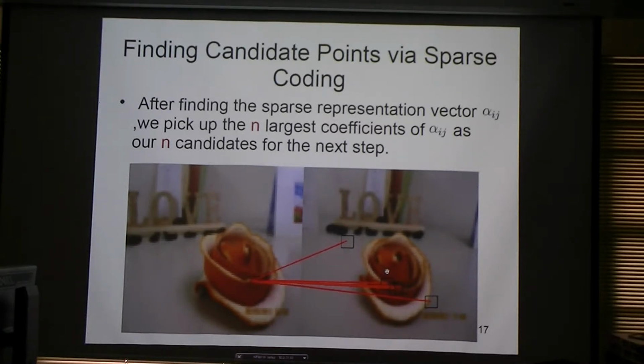And if you remember, I said that sparse coding is a linear combination of basis columns. That means, for example, this one is not similar to this block, but by the definition of sparse coding, all of these five candidate points can make this block in the test image.